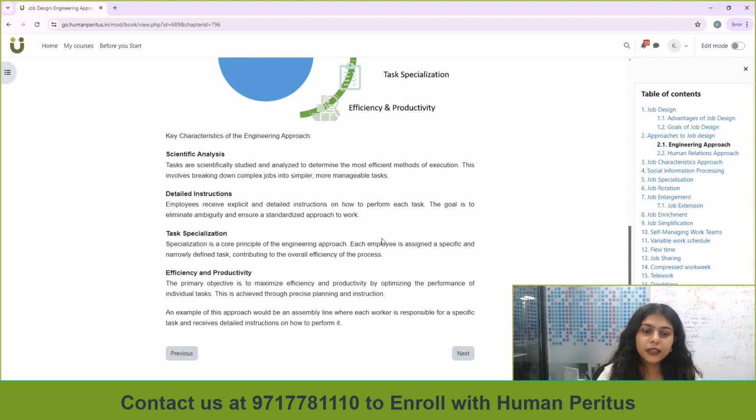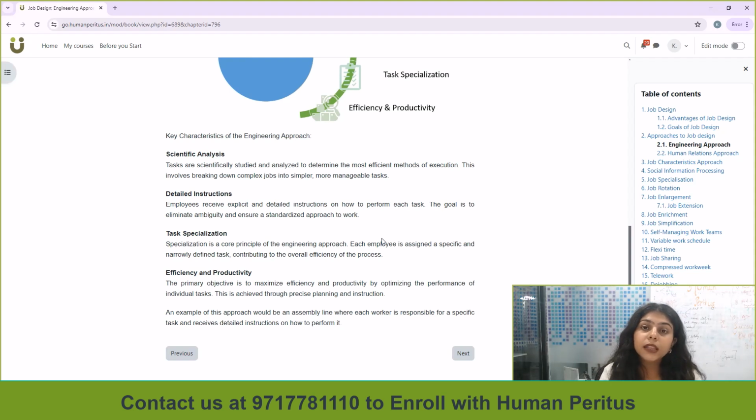Then there is task specialization. Since one employee is doing one job only, they used to be very specialized in this one thing. If my company makes a container and my job is to assemble the lid on all the containers, I will be very skilled in assembling the lid with the container.